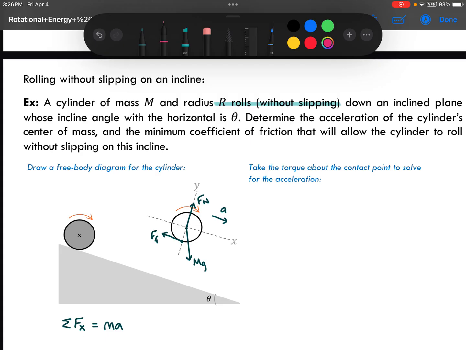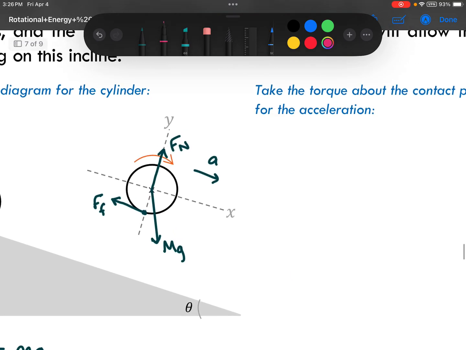There aren't any arrows directly pointing along the ramp, but we can break this weight vector up into components. There's our right angle.